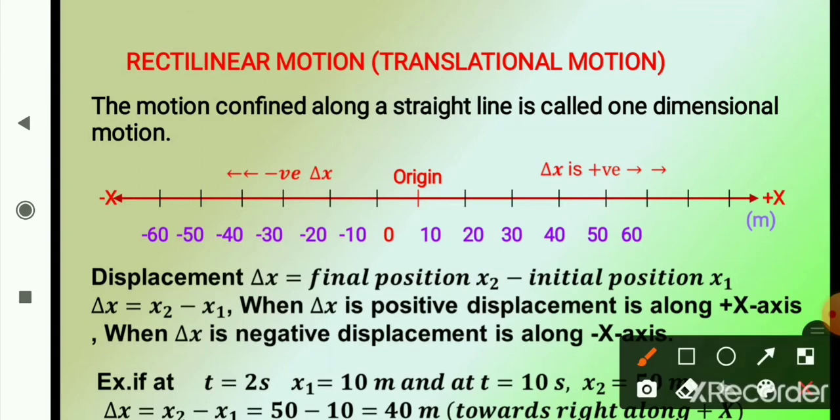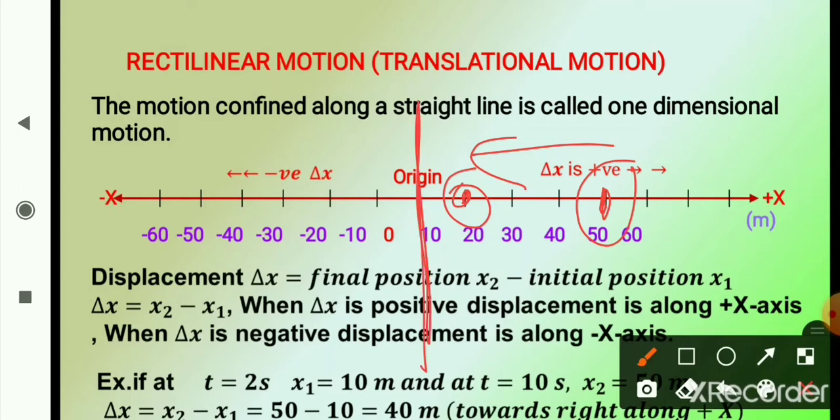Supposing say you start at this point 50 and then you move to this point 20. Move along this direction. आप पूरे टाइम ओरिजिन की पॉजिटिव साइड में ही हैं लेकिन आपका मोशन हो रहा है नेगेटिव एक्स एक्सिस की तरफ.